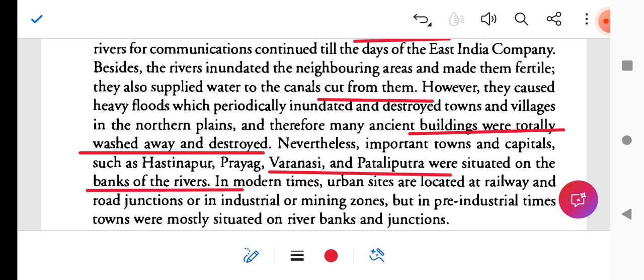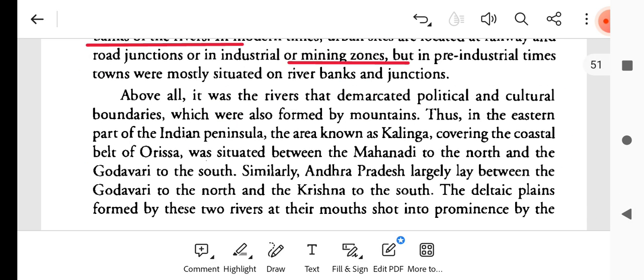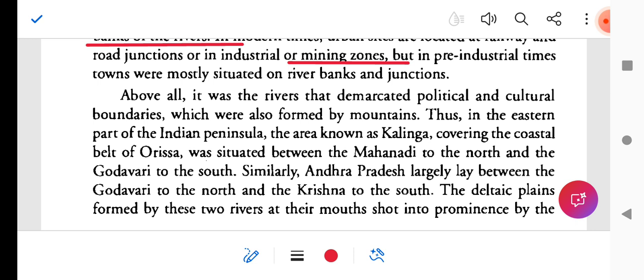In modern times, urban sites are located at railway and road junctions or in industrial or mining zones, but in pre-industrial times, towns were mostly situated on river banks and junctions. Above all, it was the rivers that demarcated political and cultural boundaries, which were also formed by mountains.